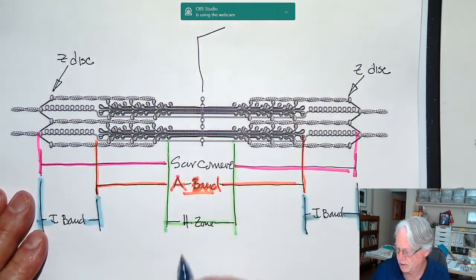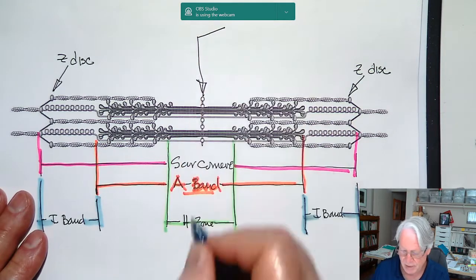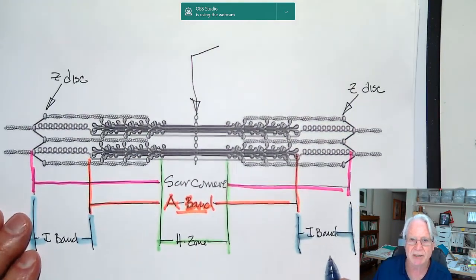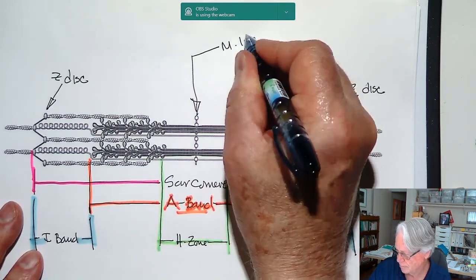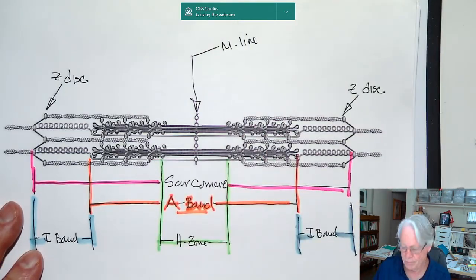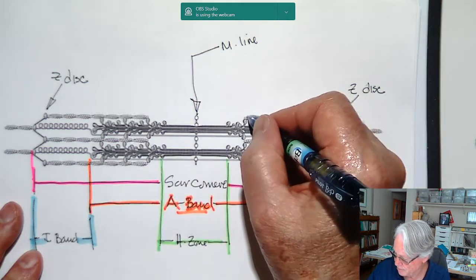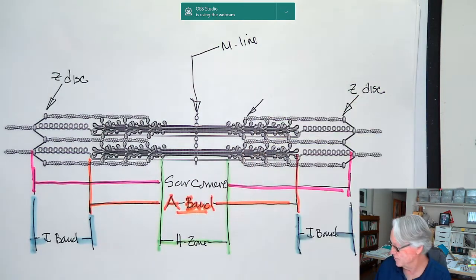This is going to be my M line. I have thin filaments.